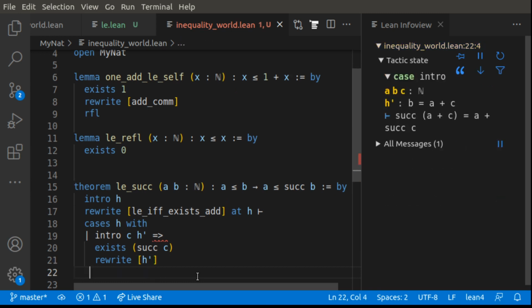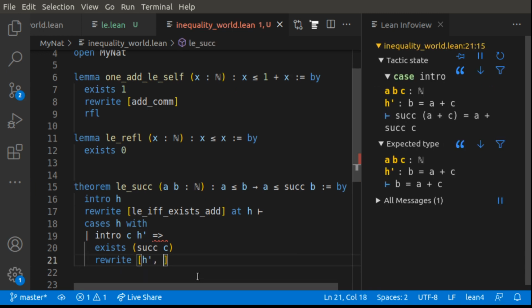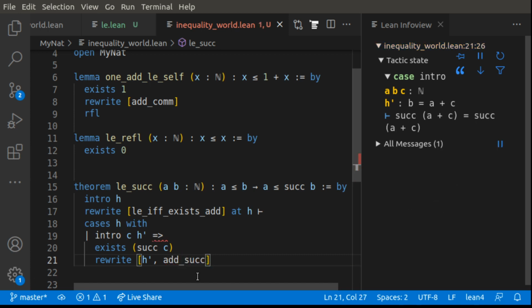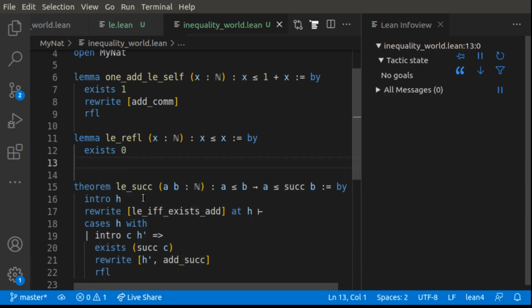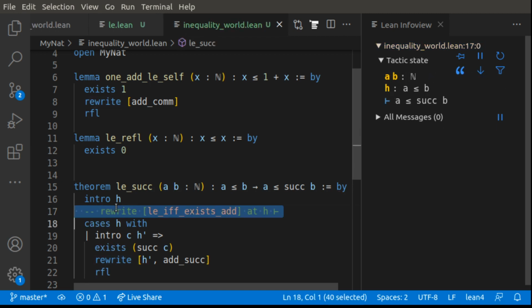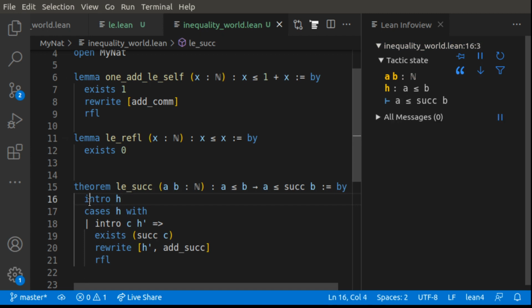And then we can also use add successor. Cool, and then rfl. And that's our proof. And then I'm guessing we actually don't even need this rewrite. Nice. So here's our nice little proof.